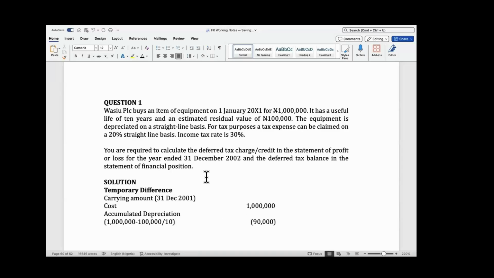Even though the examiner says I should do for 2002, I cannot rush. I can easily get the carrying amount at the end of 2002. I just multiply this by 2. That will give me depreciation for 2 years.